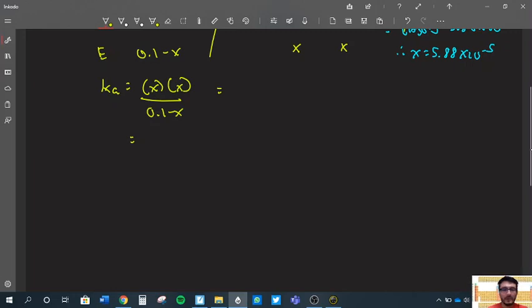So we know what x is, so just x squared over 0.1 minus, now that we know, of course, what x is. Oh, we should have just plugged it in here. Let's just plug it in, save us some time.